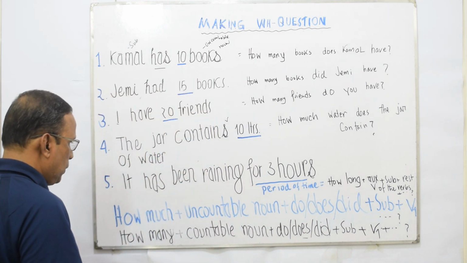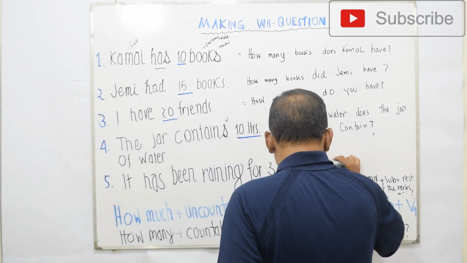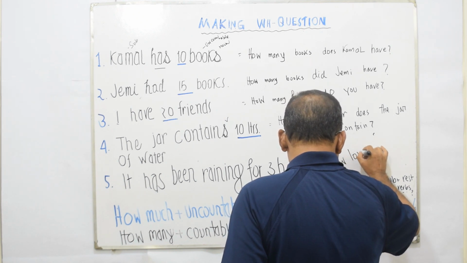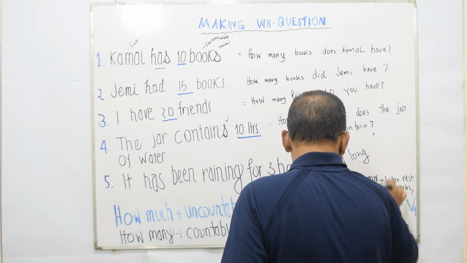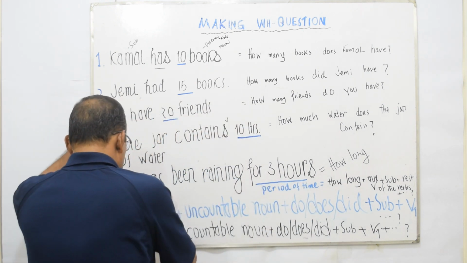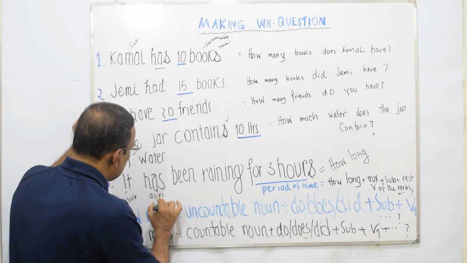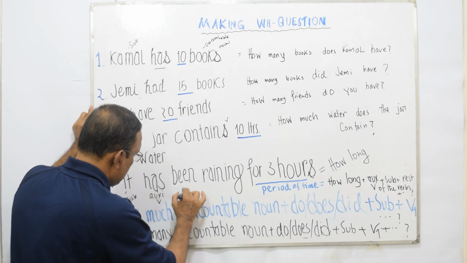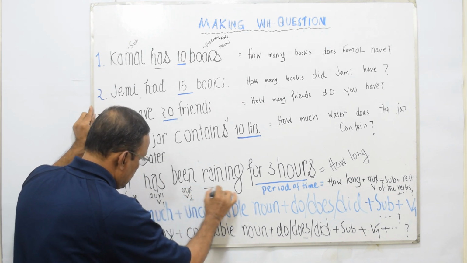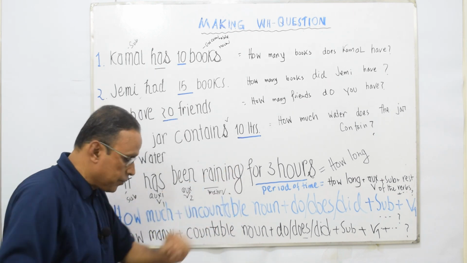So we can write like this: how long, then the auxiliary verb. This is the subject here, it, this is the first auxiliary, this is the second auxiliary, and this is the main verb, all a verb phrase.